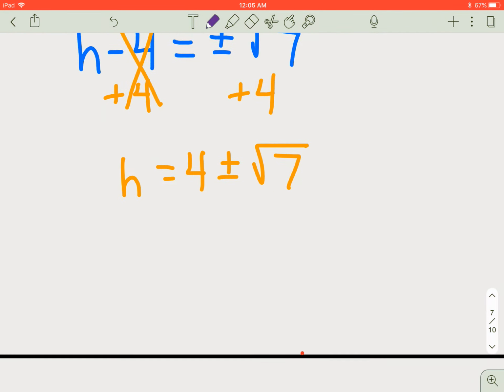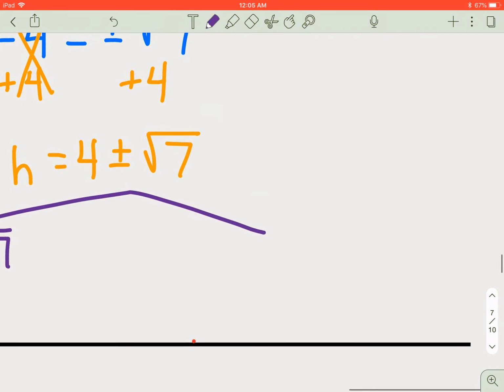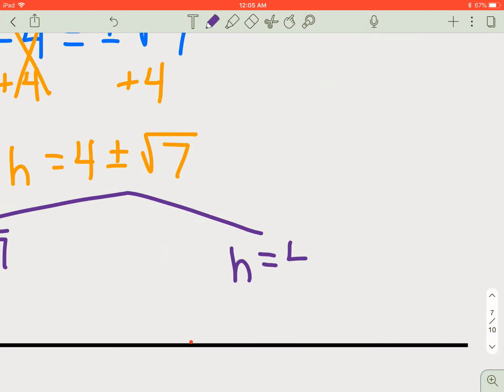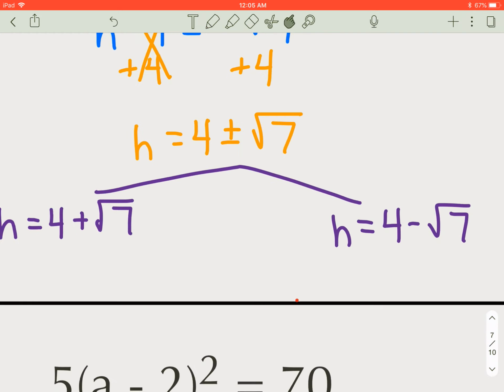So now I have to solve two different problems. I'd have to solve what happens when h equals 4 plus the square root of 7, and what happens when h equals 4 minus the square root of 7. Let me zoom out just a little bit.